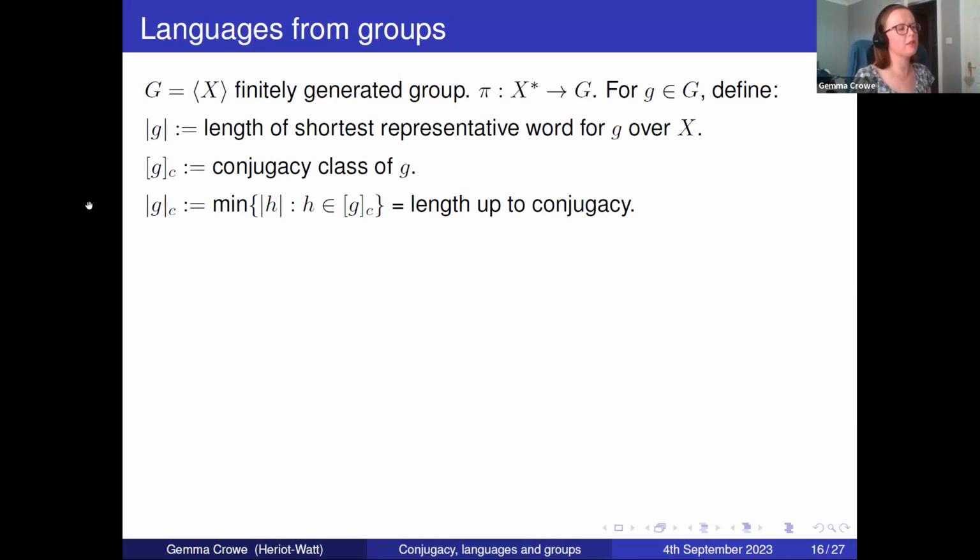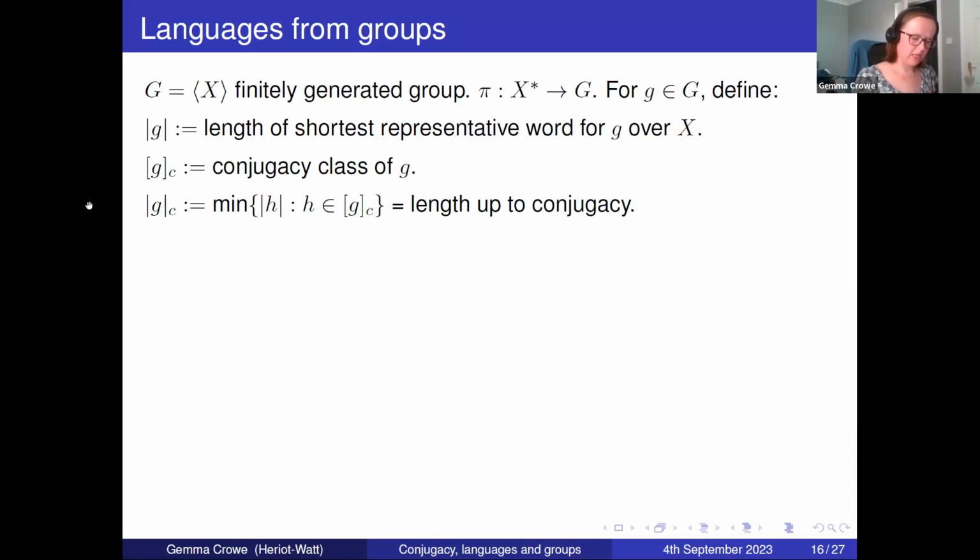So first of all, I'm going to define G bar for any group element G to be the length of a shortest representative word. So you can think of geodesics, right? And then for any conjugacy class, I'm going to create a similar kind of length definition, which is a minimal length up to conjugacy in that conjugacy class.